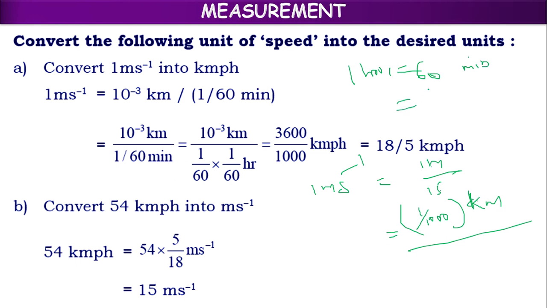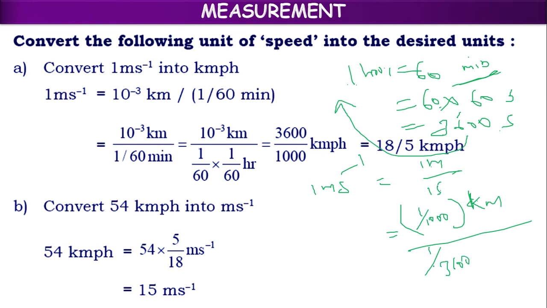Again, each minute is equal to 60 seconds. Means 60 into 60, 3600 seconds. 1 hour equal to 3600 seconds. So 1 second equal to, 3600 will go this side, 1 by 3600 hours. Like this we can write.